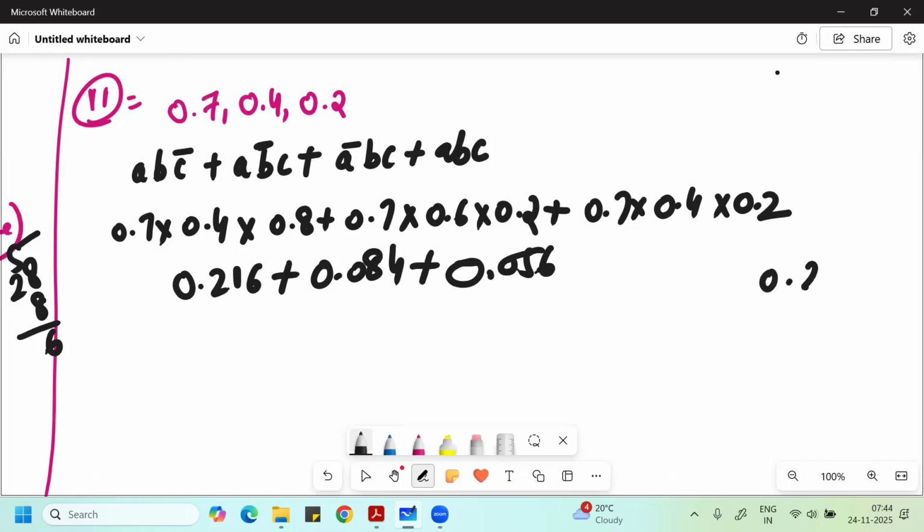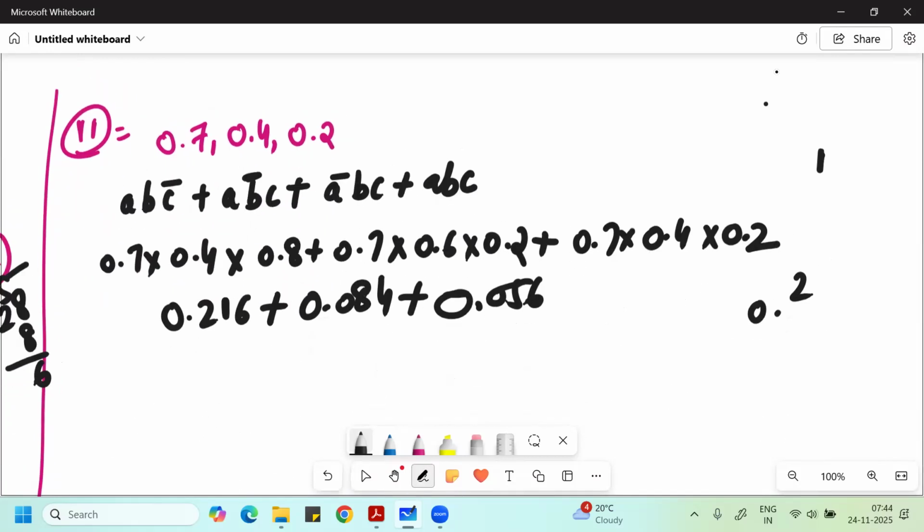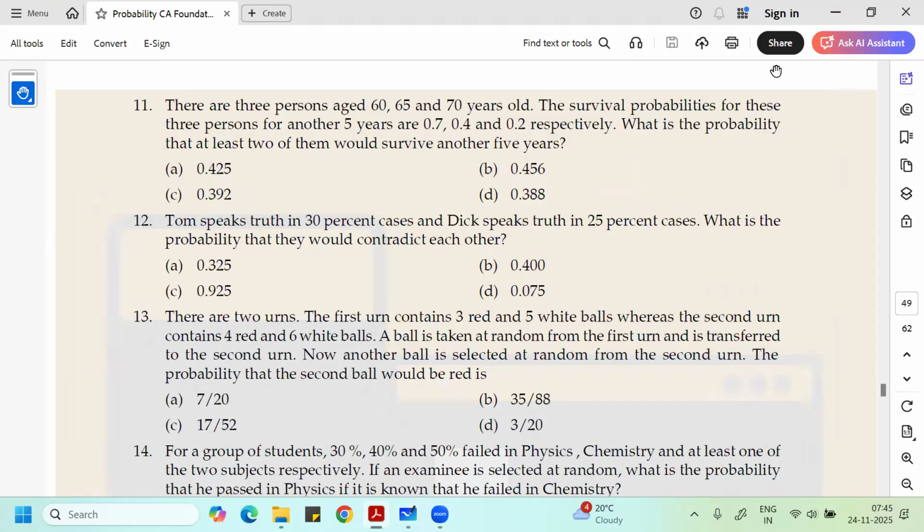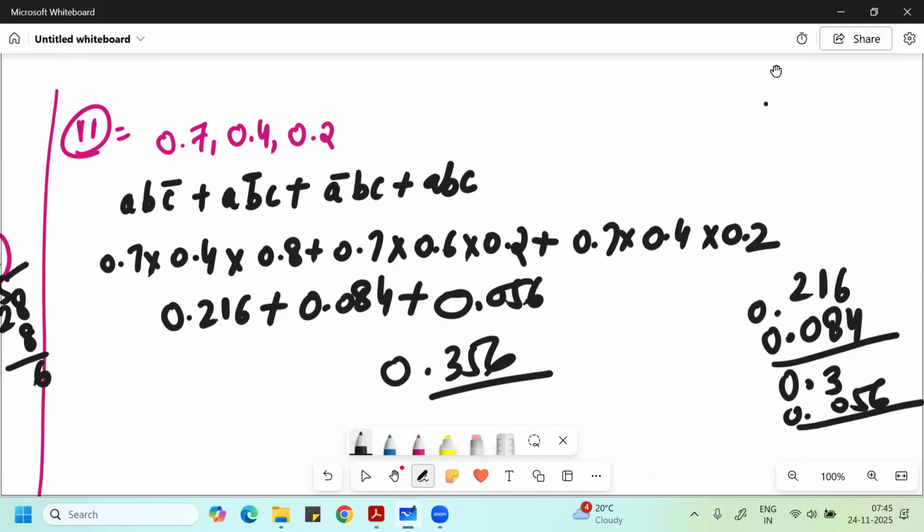So the answer would be 0.216, 0.084, and 0.056, giving 0.356.